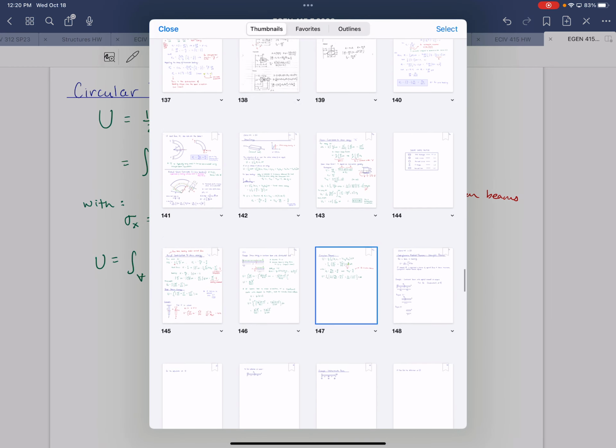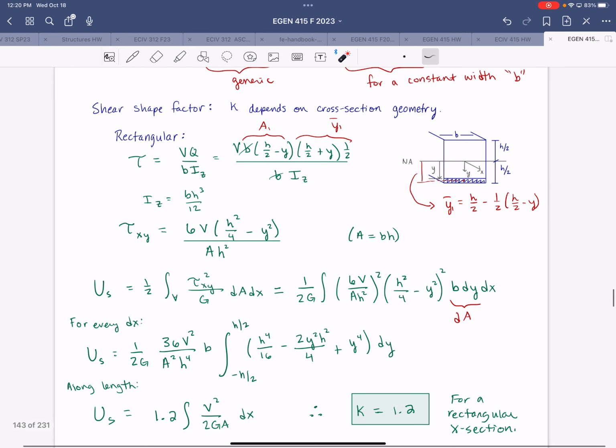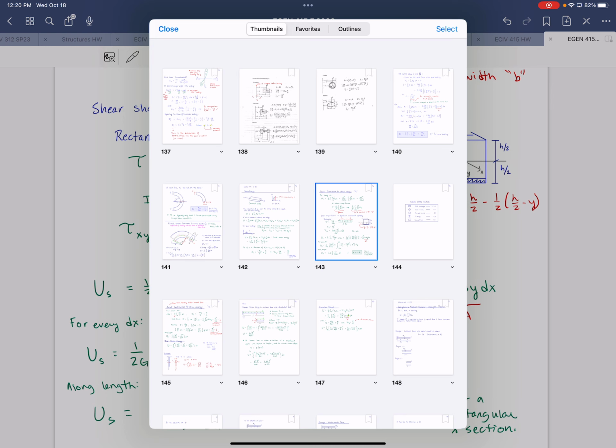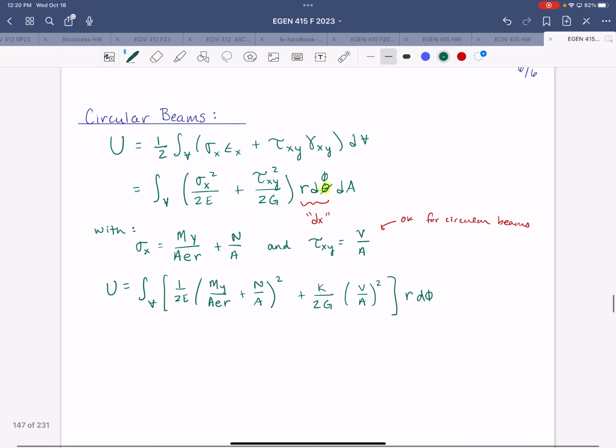If we go back a few pages, this is equal to that. So we brought it down. Shear strain is basically what we're using right here, where this is the shear shape factor, kappa. So it doesn't show up with the shear stress. It shows up after you make the substitution.